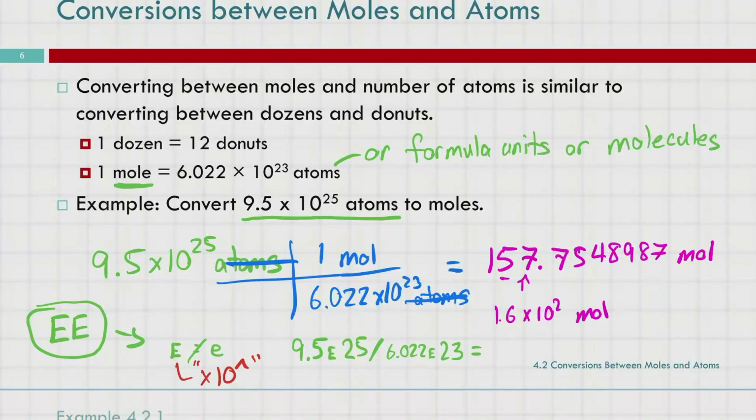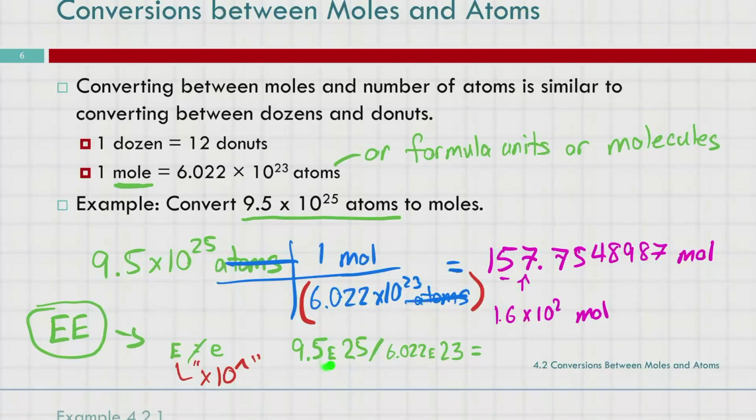You can also use the times 10 to the power of key to enter in 10 to the 23 and 10 to the 25. If you do this, you need parentheses on the bottom, because your calculator will not necessarily distinguish, especially if you put a multiply, that these two numbers are linked.